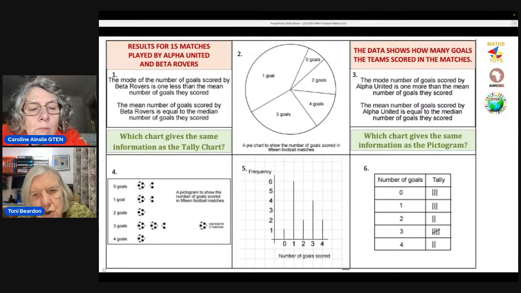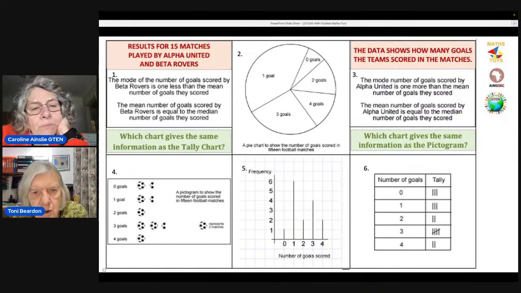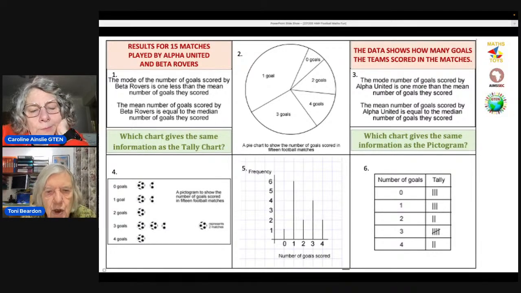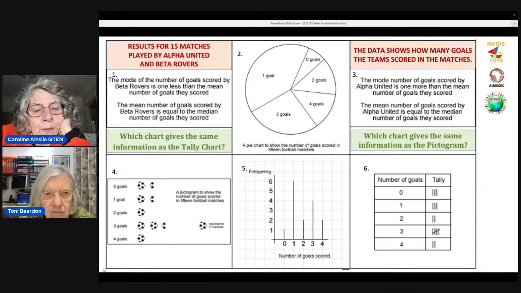So look at the frequency chart now, and the tally chart, numbers 5 and 6. Which shows a mode of 1 goal and which shows a mode of 3 goals? Right. So the frequency chart, the mode being the one that occurs most often is 1, because that scores 6 matches with 1 goal.